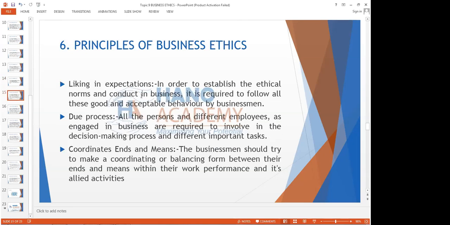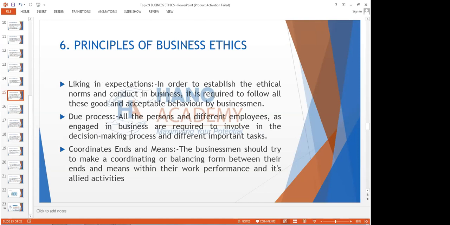Then we have liking in expectations. So in order to establish the ethical norms and conduct in business, it is required to follow all this good and acceptable behavior by businessmen. So you follow the good and acceptable behavior, norms, or conduct of people. Then we are also talking about due process.